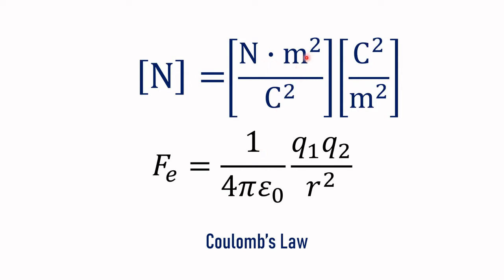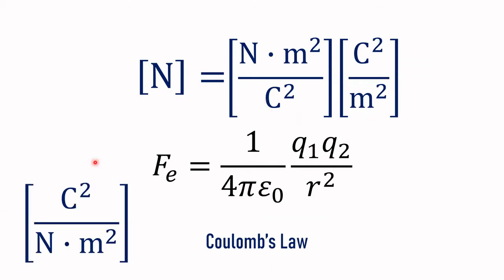That way the meters squared cancel the meters squared, and same thing for the coulomb squared. Well, epsilon naught is in the denominator, so the dimensions of epsilon naught would actually be the reciprocal of these dimensions. 4 pi is unitless, dimensionless. It contributes nothing. So we just take the reciprocal of these units, and there it is.